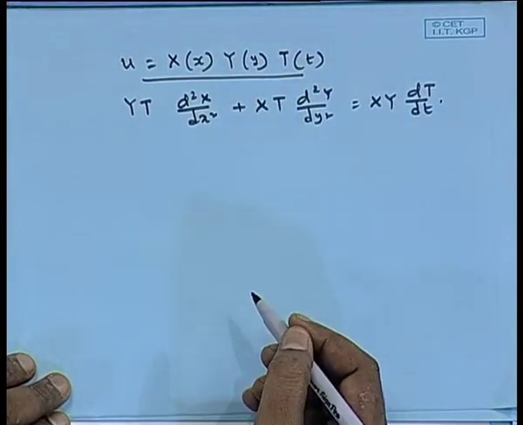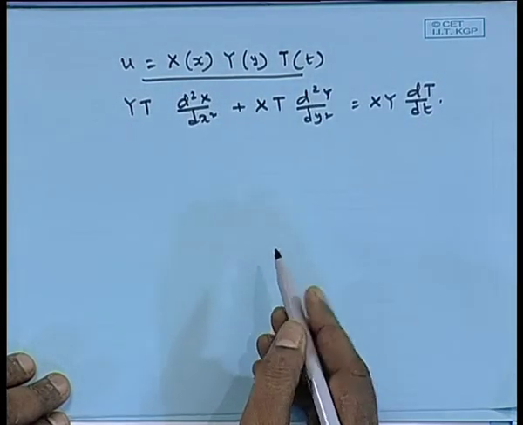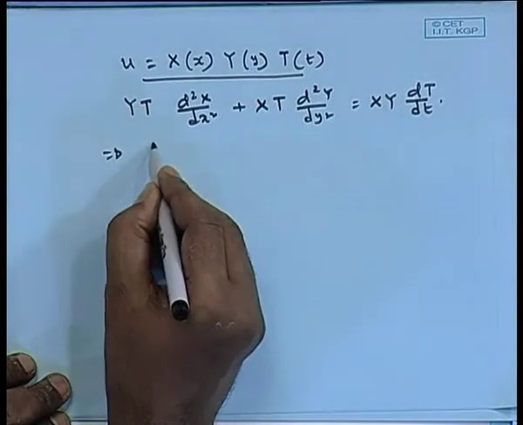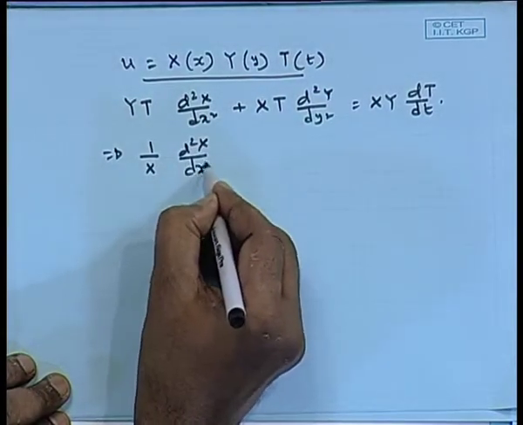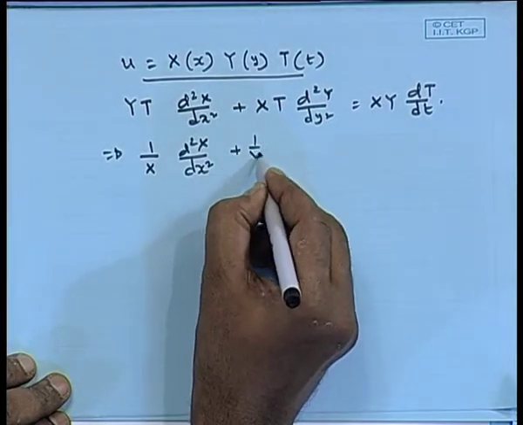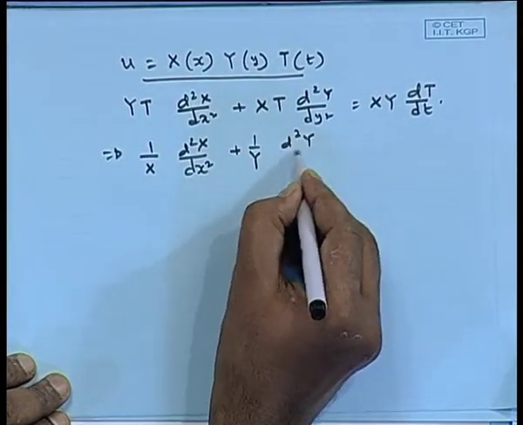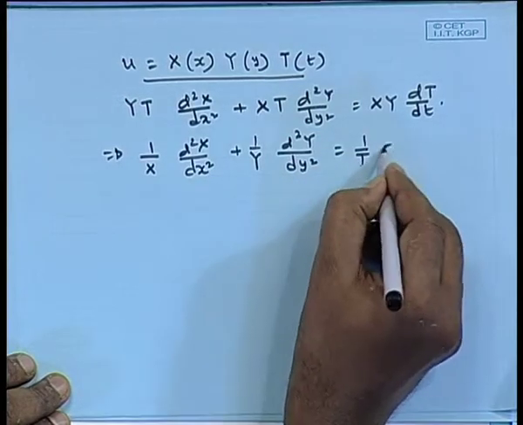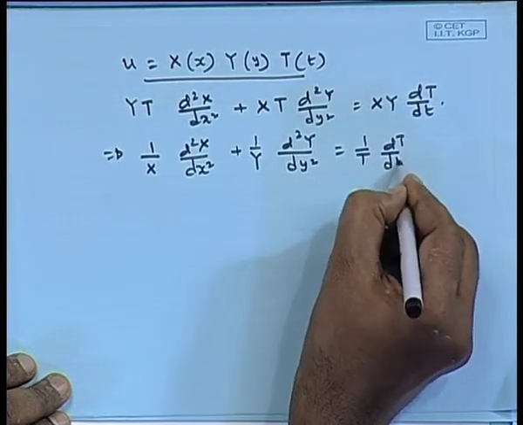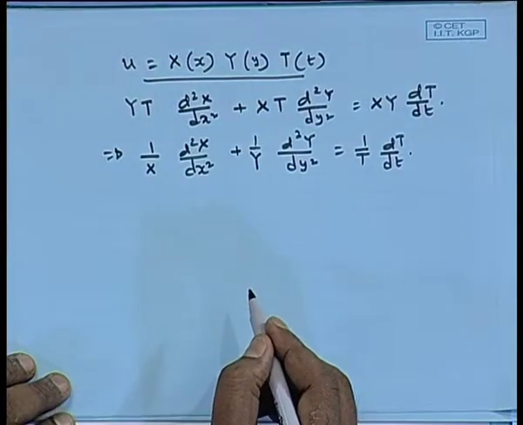You divide both sides by x, y and t, and it becomes 1 over x d square x dx square plus 1 over y d square y dy square is equal to 1 over t dt dt.